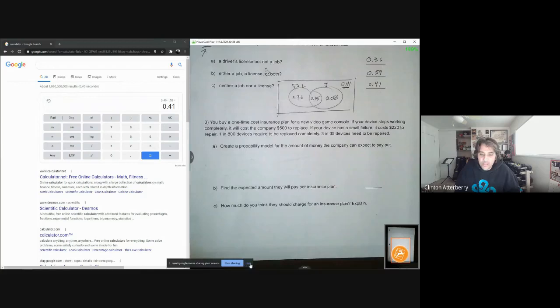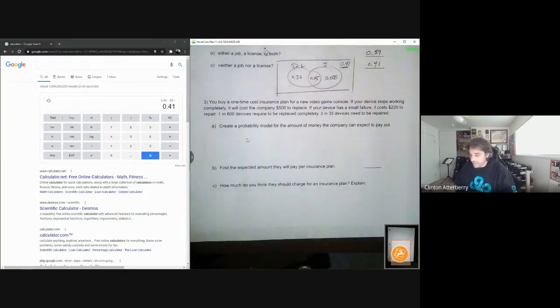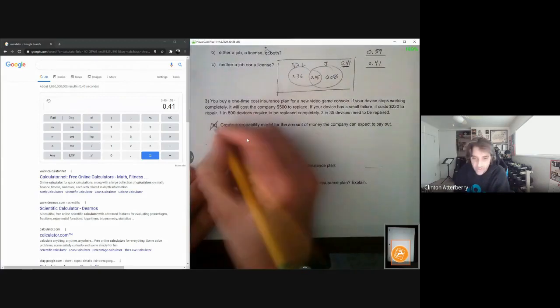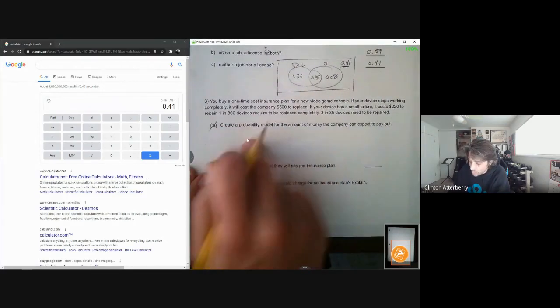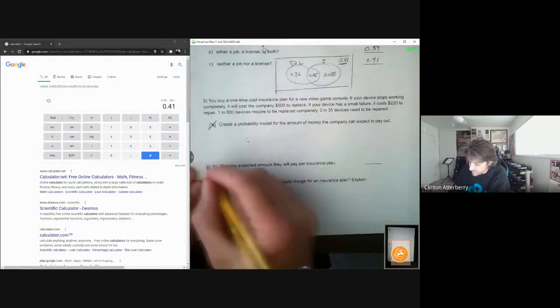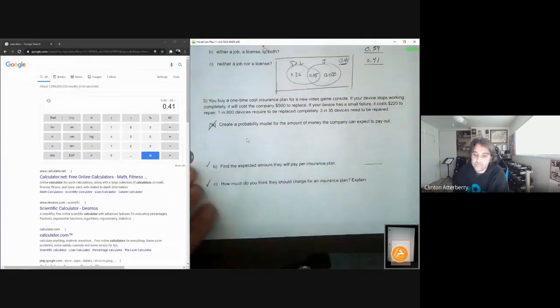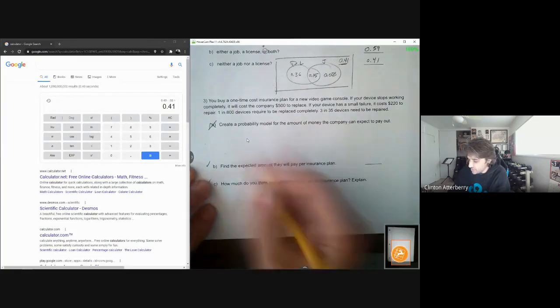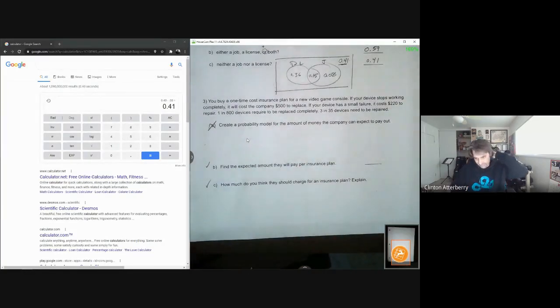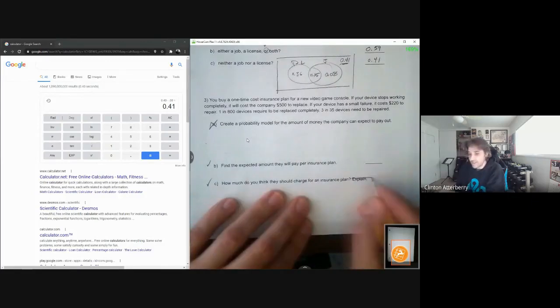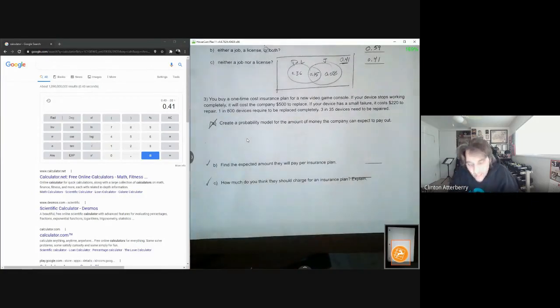When I do that, this part right here is not going to be part of your test. However, you should do something like this to work out the numbers so you can answer these questions, particularly this question. However, there's no explanation to it, because it's multiple choice.